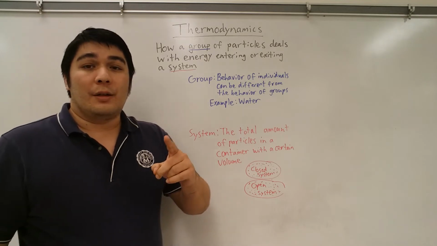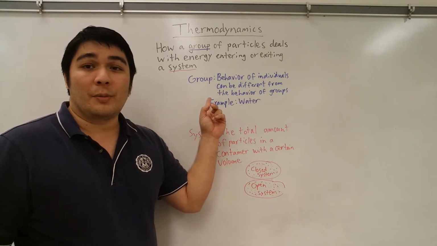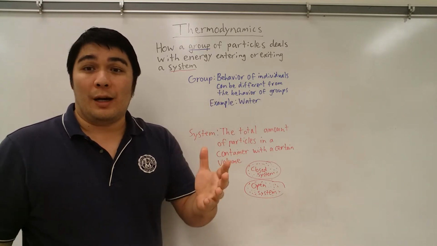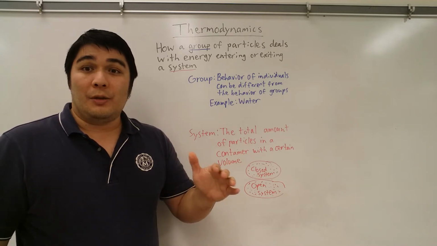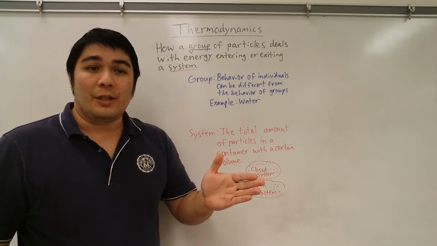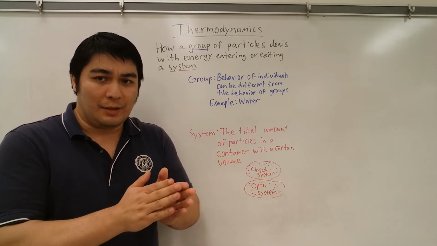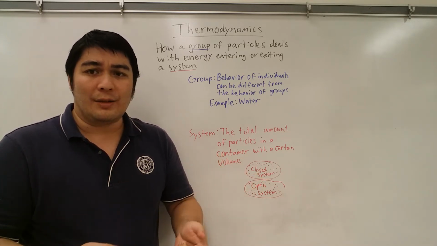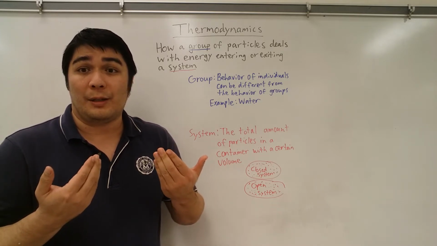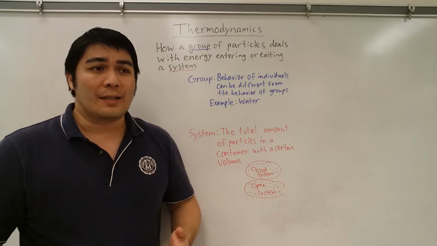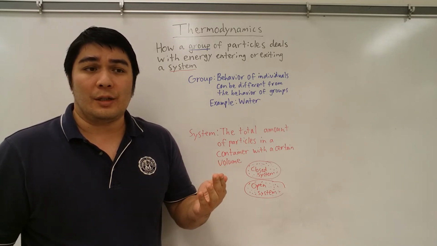Also, before I move on from groups, even with water, as in my example of water, deep below the ocean in the mid-Atlantic ridge, there are volcanoes. The continental plates are separating, and there's a lot of lava, or magma, coming up through the continental plates, making this vast array of volcanoes underneath the ocean.